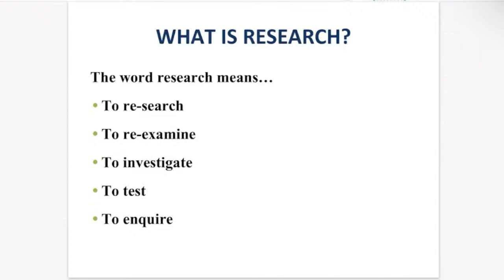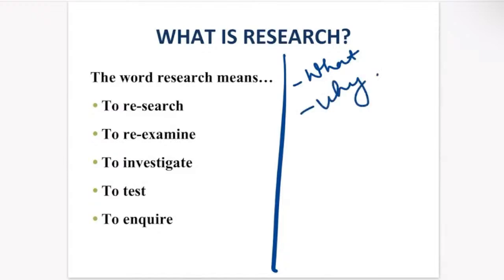So in the context of research, there are two or three important things. What do you want to research, right? And why do you want to research it? Because there must be some reason, some validity.